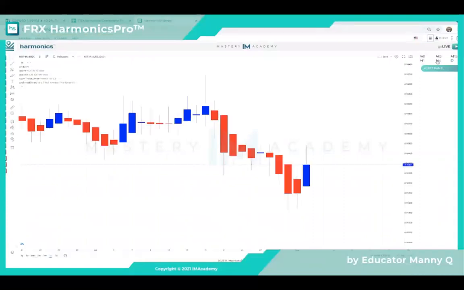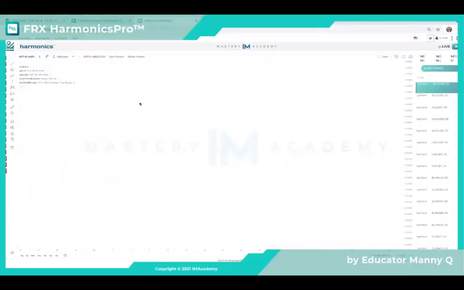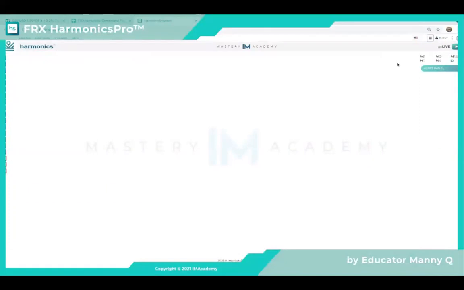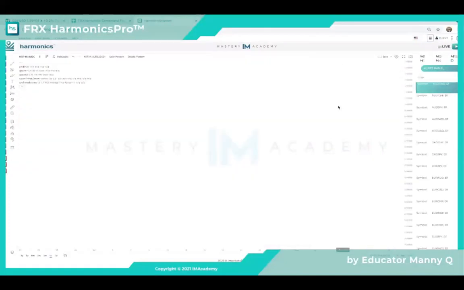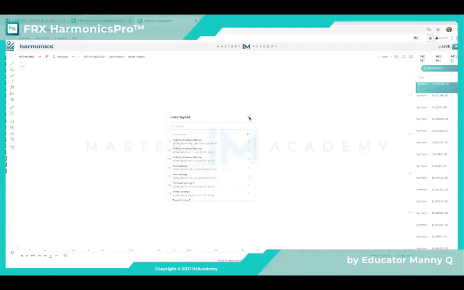So let's say I'll do like a 4 hour. Let's load that up. Let's load chart layout. Let's do pro. So there's one.